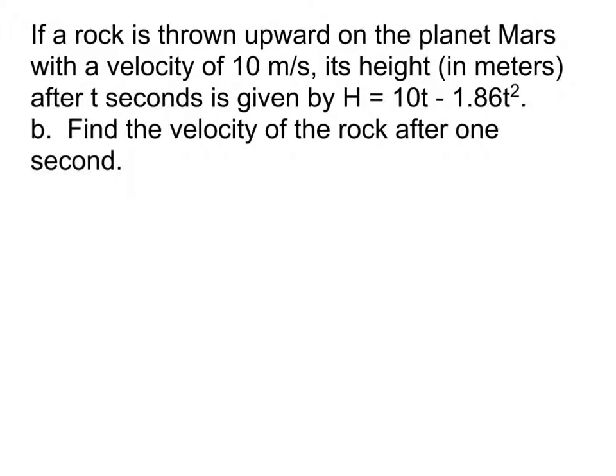So what does that mean we're finding? Well, it says after 1 second, so that's basically at 1 second. And so since we're looking at the velocity at a specific time, that means instantaneous velocity. Instantaneous velocity tells you slope of the tangent line. So you're looking for a limit of the difference quotient here as h approaches 0. The derivative, in other words.